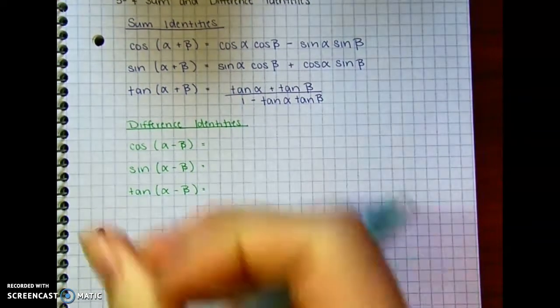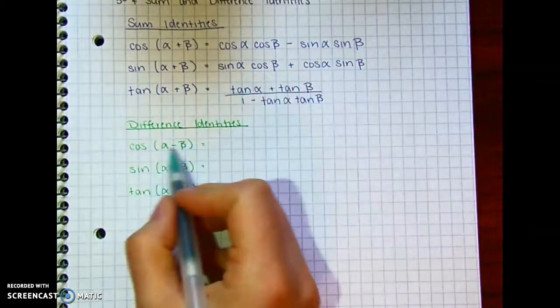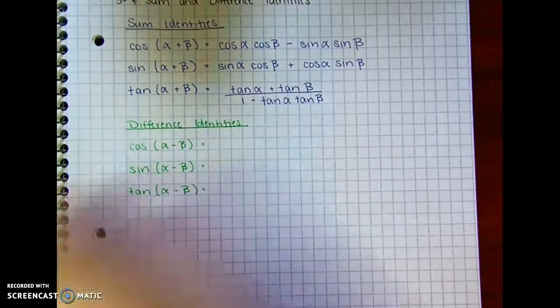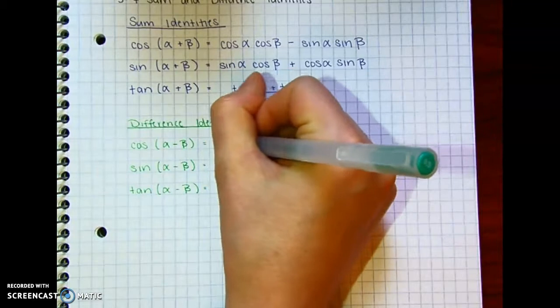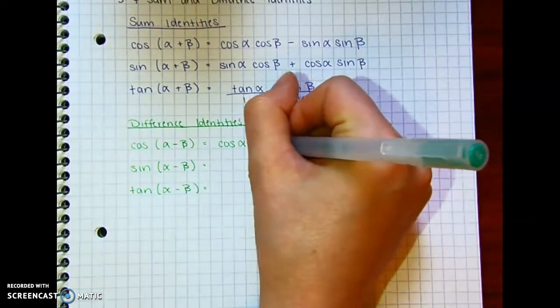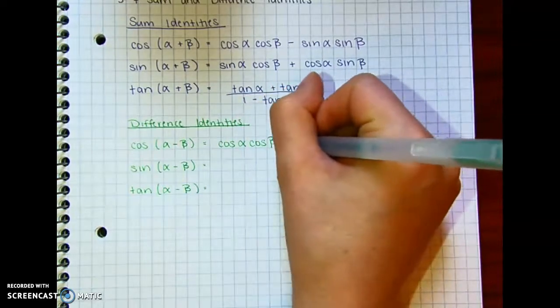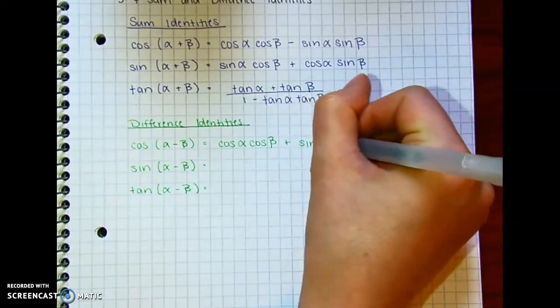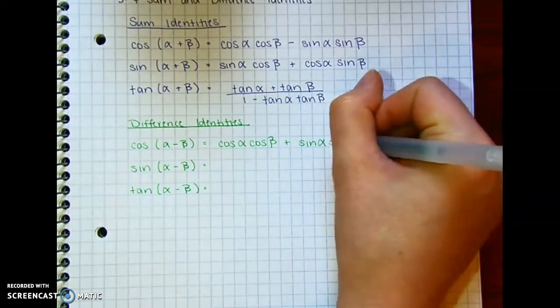So for cosine, if you're subtracting 2 different angles, you can rewrite it as cosine of the first angle times cosine of the second angle plus sine of the first angle times sine of the second angle.